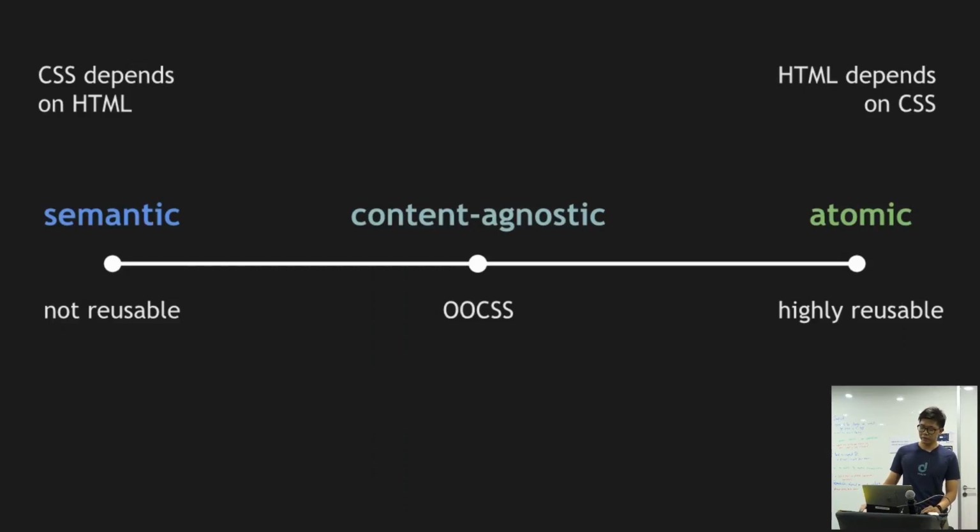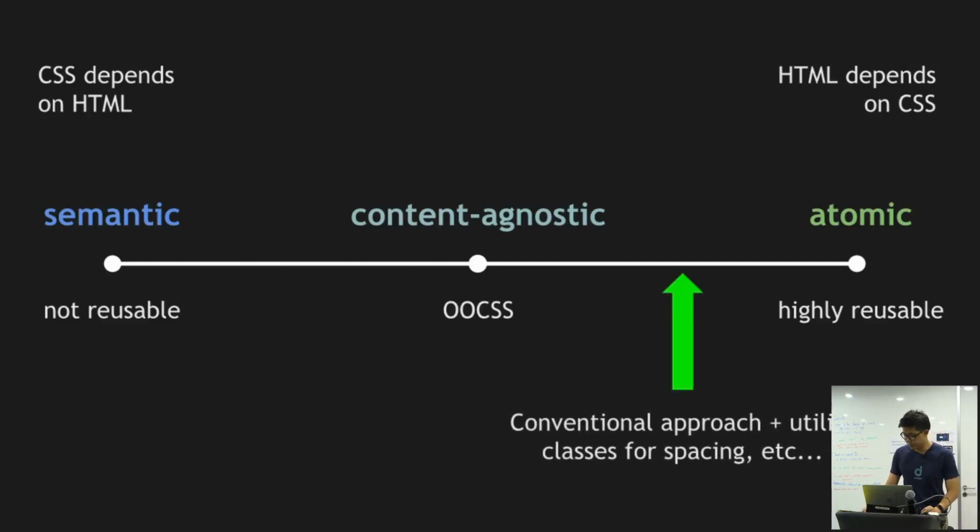That means your HTML defines what class names you use based on content, so profile, post, article, and what have you. The other end of the spectrum is where HTML depends on CSS. You create your CSS classes, and the developer looks at these classes and uses them to build up the mockups that the designer hands over.